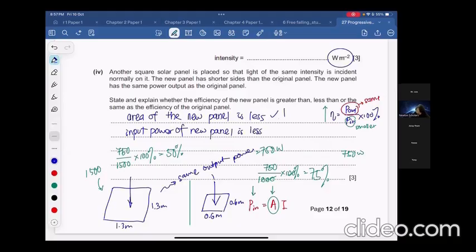And then the output efficiency: efficiency is greater than the original panel. I'm small, but I can produce as powerfully as you. I don't need a big area. A small area can also produce the same output as you. So actually, I'm more powerful. Is that clear, dear?